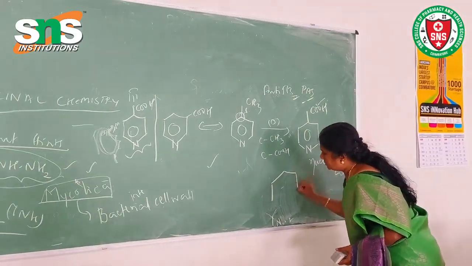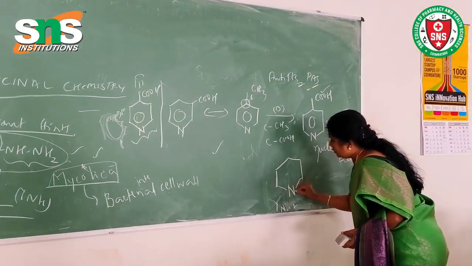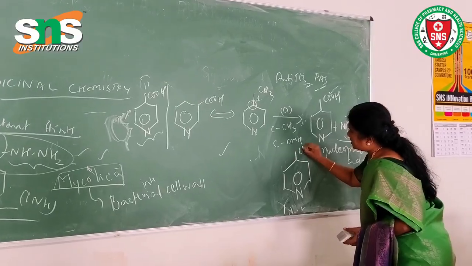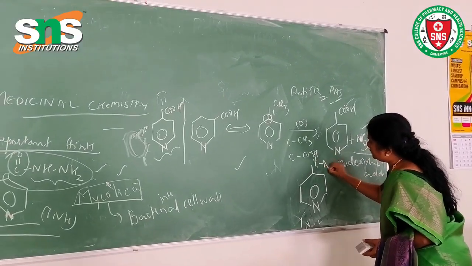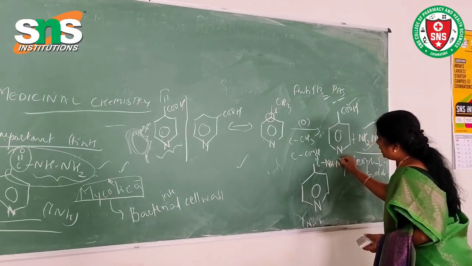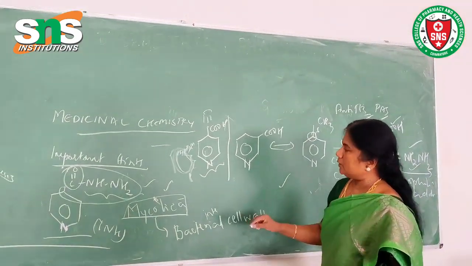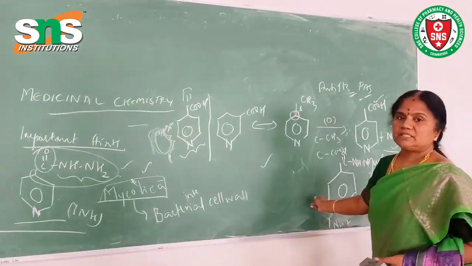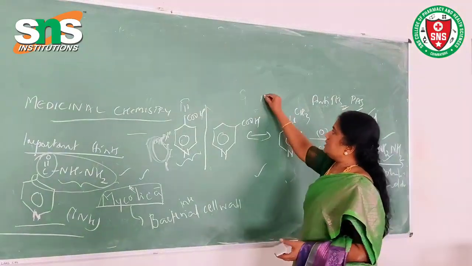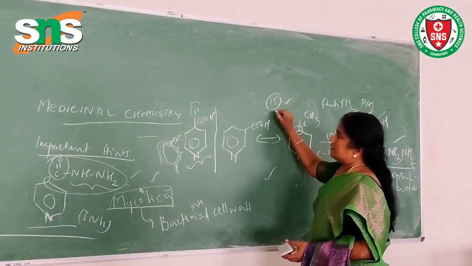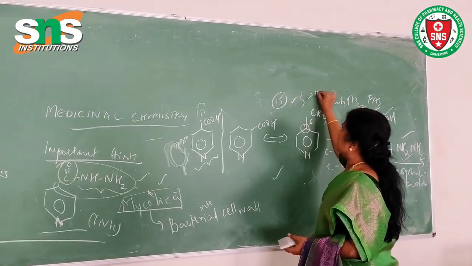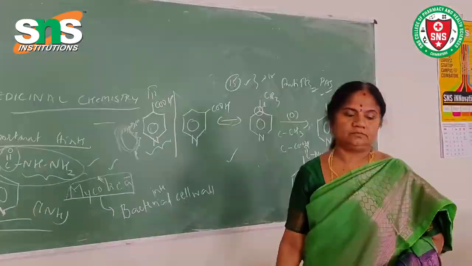You will get isonicotinic acid hydrazide, C double bond O NH NH2. So we have studied two syntheses: one is para-aminosalicylic acid, the other one is INH. Now another 15 syntheses are there, so you can concentrate on them. Maybe you will get some 15 marks. Thank you.